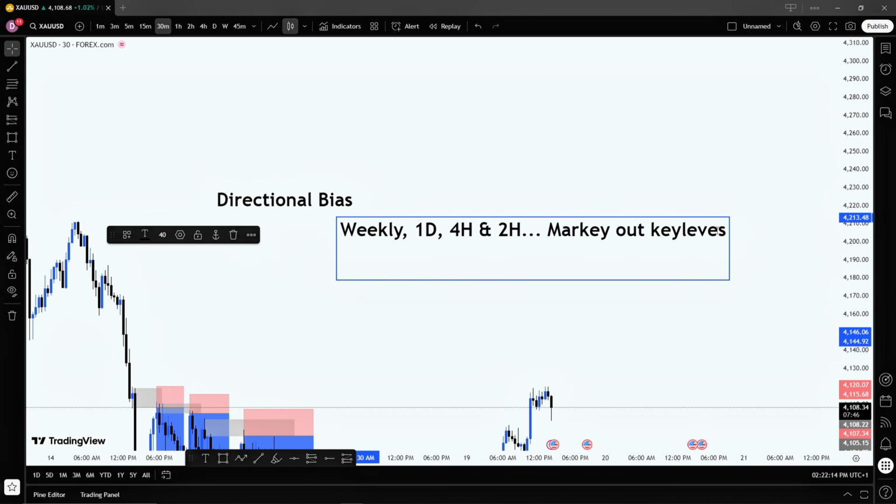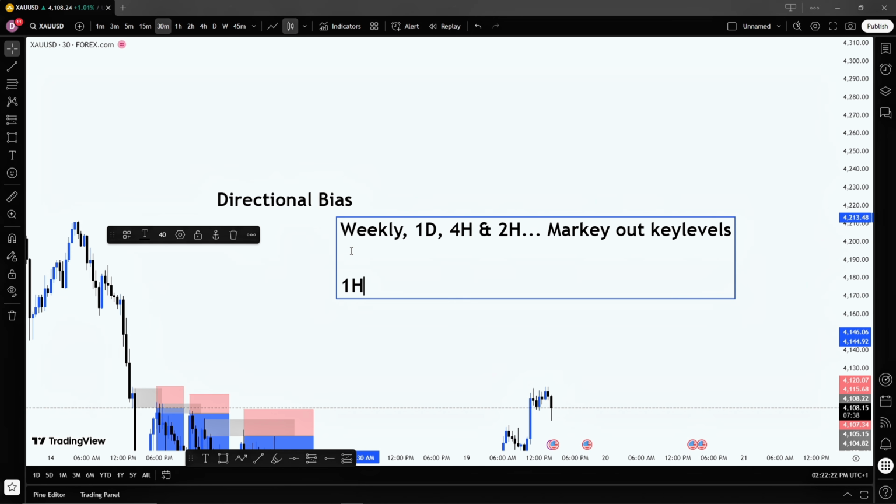Then from that higher time frame, I scale down to a lower time frame. My lower time frames, which are now my entry time frames, are 1 hour, 30 minutes, 15 minutes, and the 5 minutes time frame. On my entry time frame, there are two things I look out for.